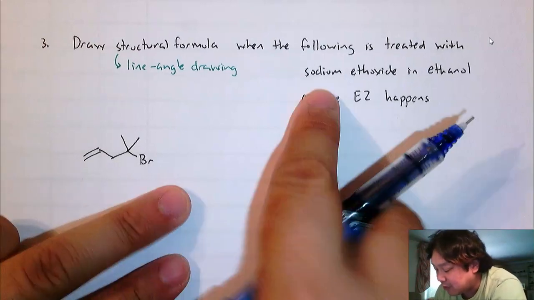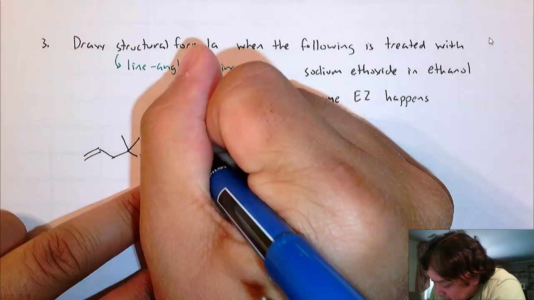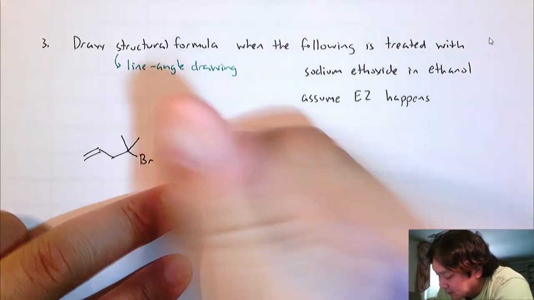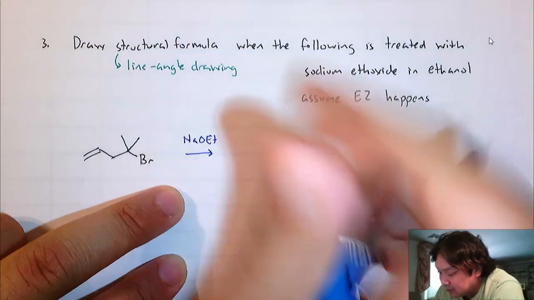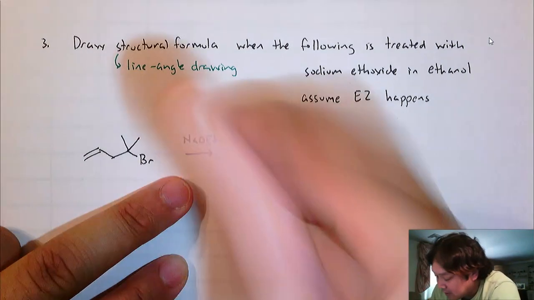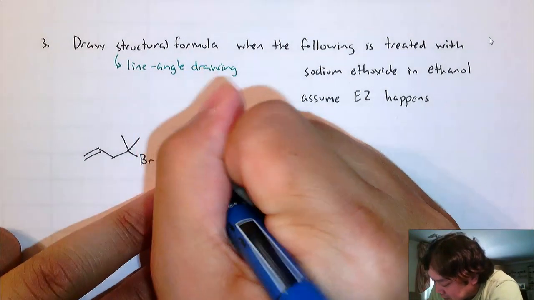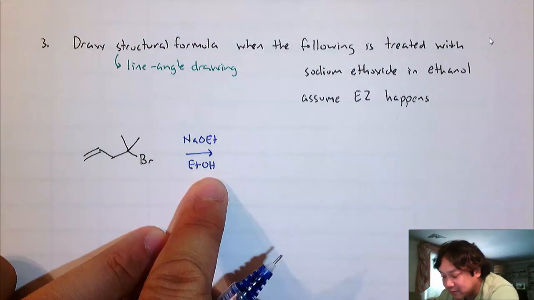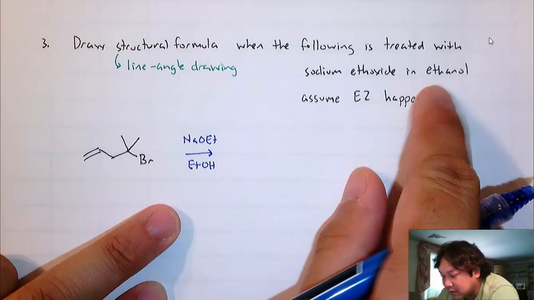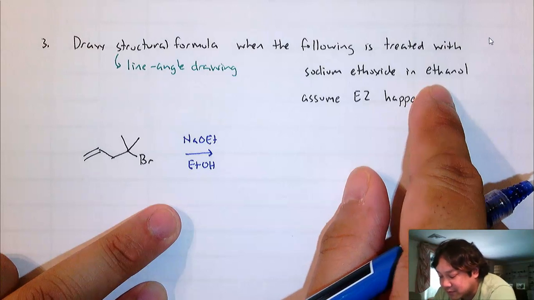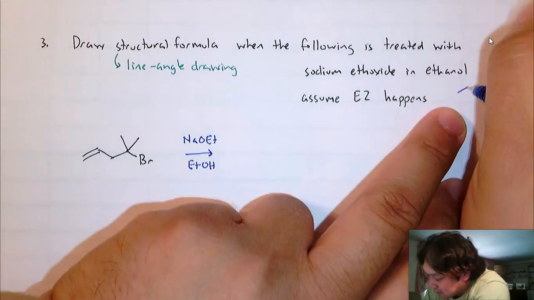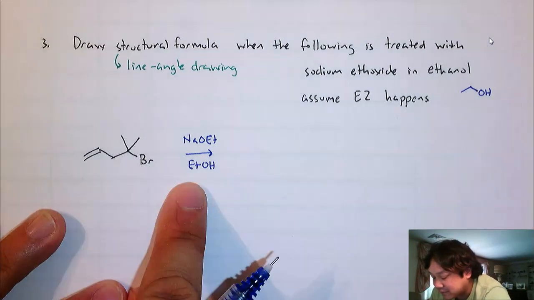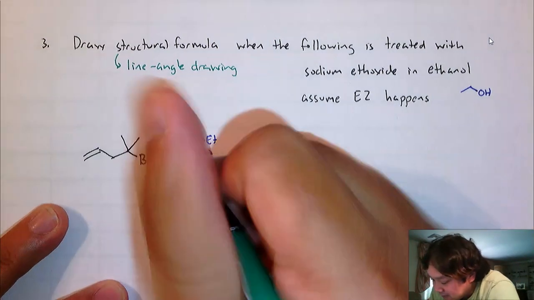Get practice. Draw what sodium ethoxide looks like. I'll do this in blue because technically the formula wasn't provided. And ethanol, that's this. You could abbreviate it ethyl alcohol, or CH3CH2OH. But that's my reaction. This is just a solvent.